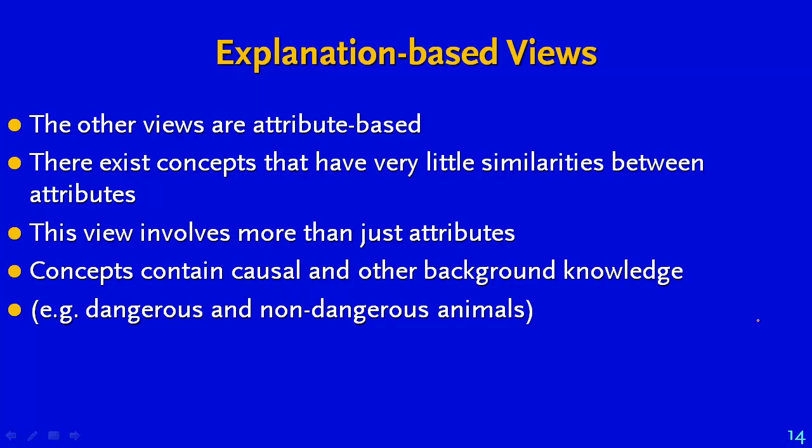Okay, the last view, which has consequences later on for C++, in particular when you're designing classes which can be extended, is another view which is not attribute based anymore. Because in the previous three views you looked at the attributes, the similarity between the attributes, between a crow and a sparrow.